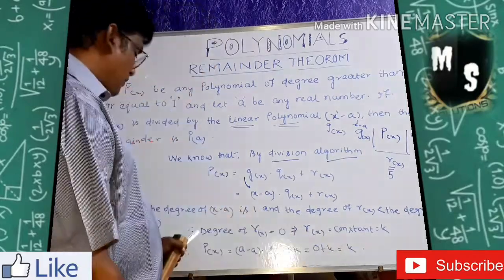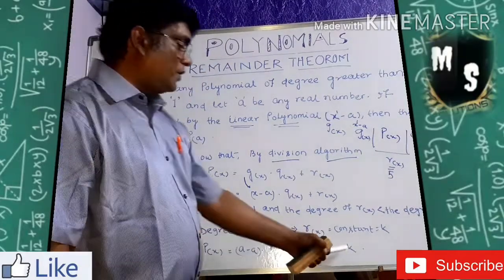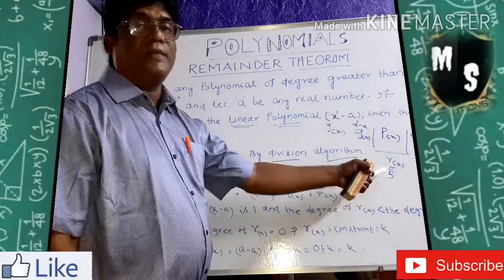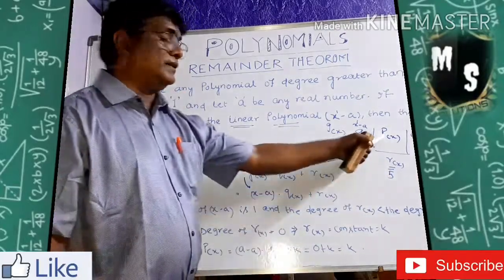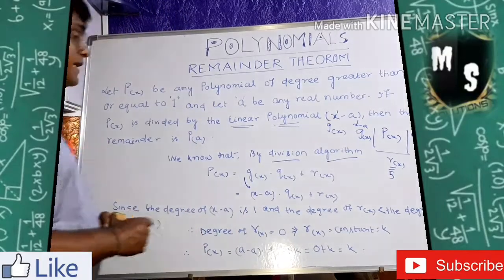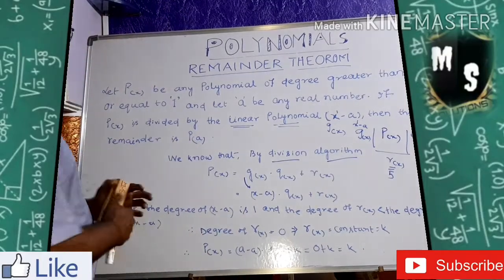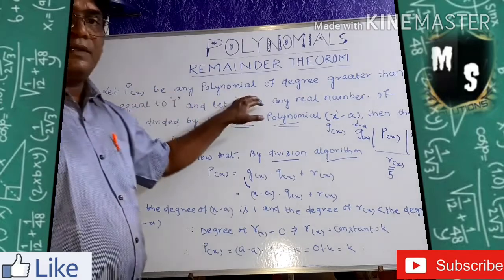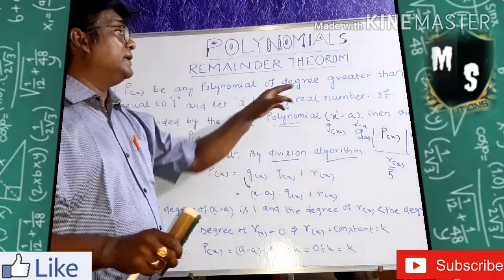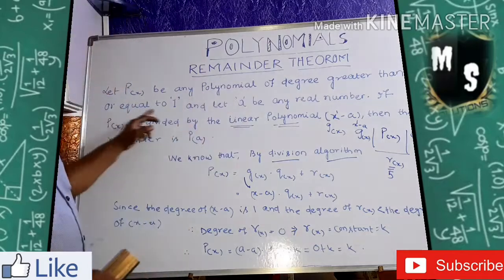That means the polynomial is coming the value of the remainder. What is the remainder? That value is called the dividend here. Understood now? So what again I am saying to you, please see, time is there. Let p(x) be any polynomial of degree greater than or equal to 1.